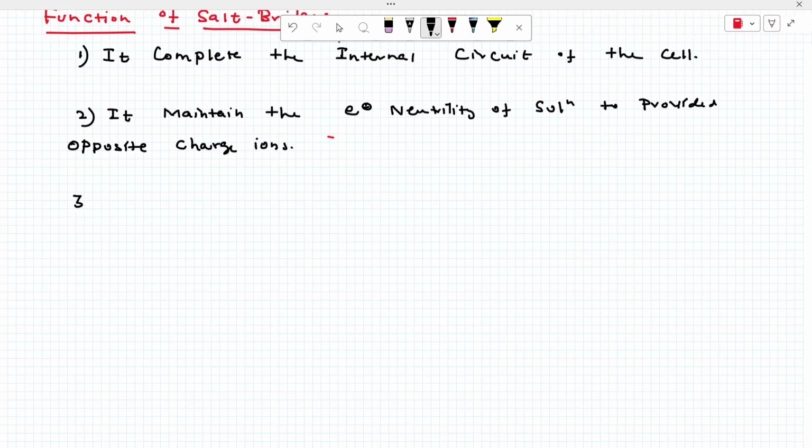Third point, important: to avoid intermixing of solution.